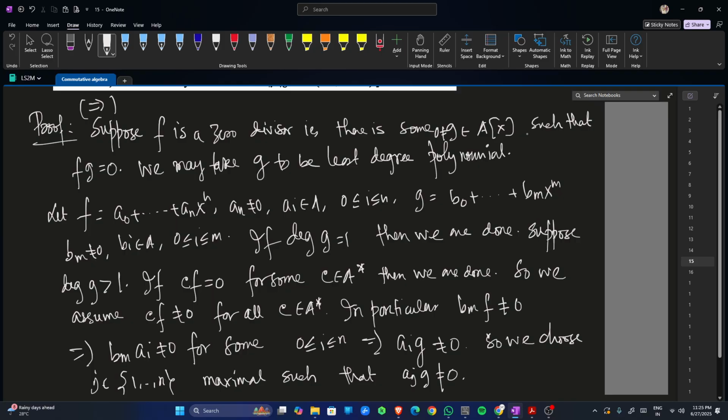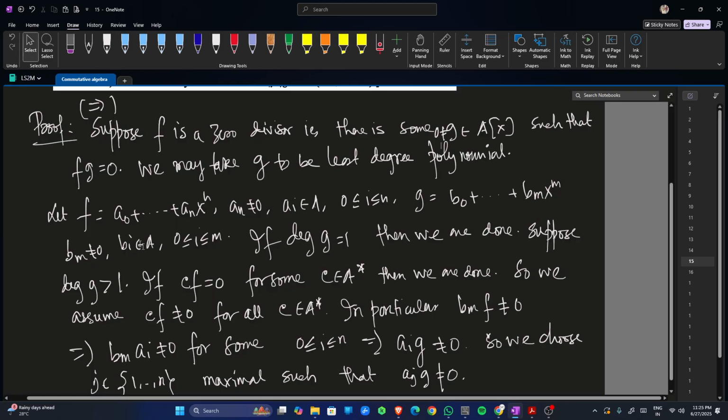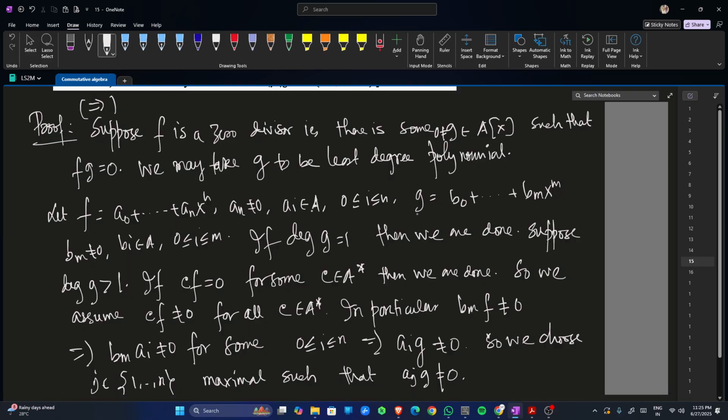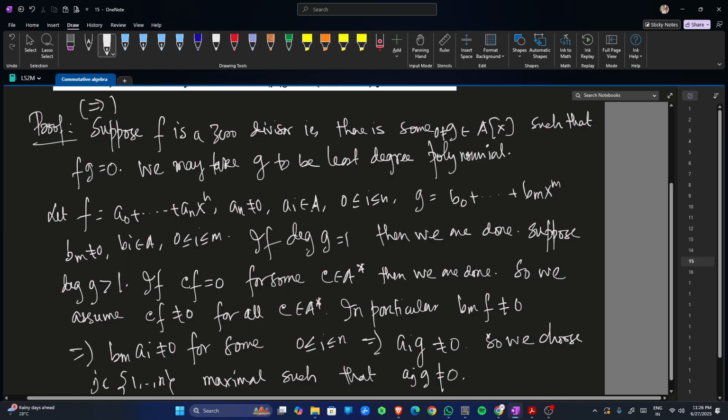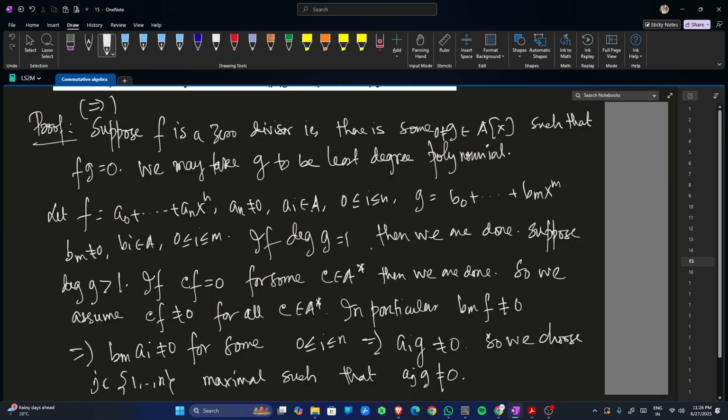Suppose f is of the form a_0 plus dot dot dot a_n x^n, where a_n is not equal to 0, a_i's are in A, and g of this form. Now if degree g is equal to 1, then we are done. So we assume that degree g is greater than 1.